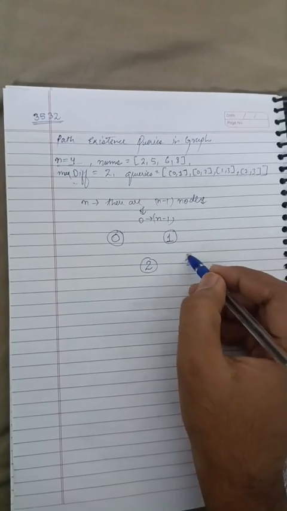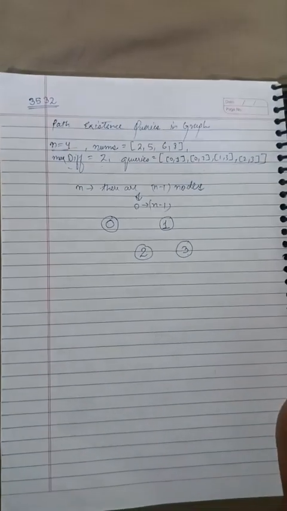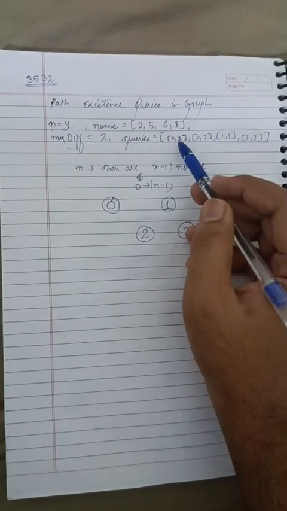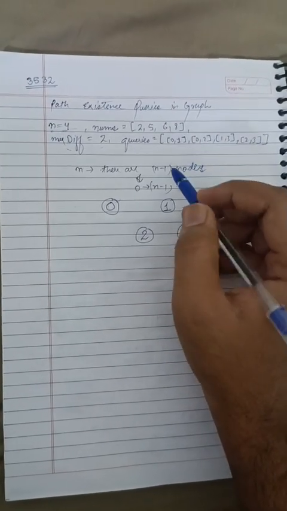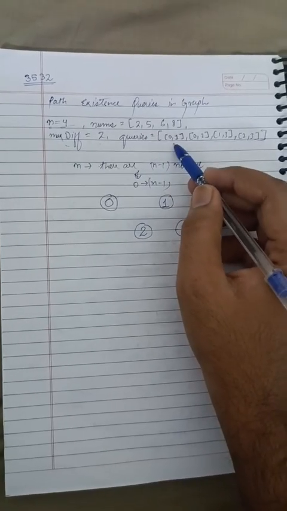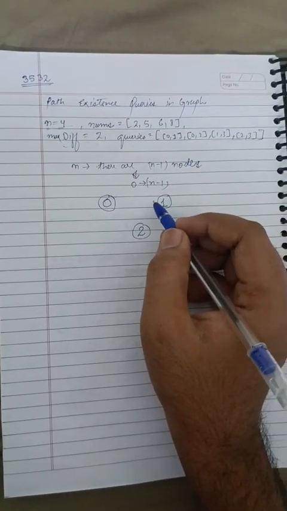Every graph consists of nodes and its edges, but for connecting edges there may be a condition given. So here is the condition. Query 1 is 0 to 1.